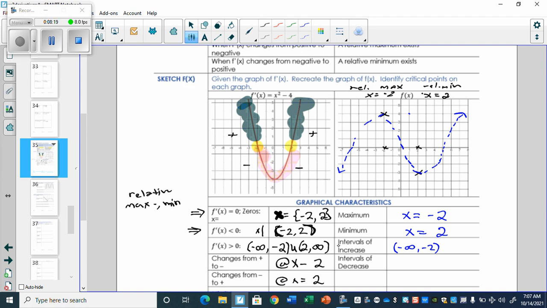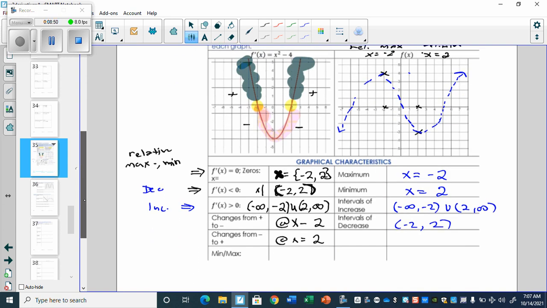How do I know that? It's because all of the y values for f prime of x are greater than 0. Union 2 to infinity. And if I look at my map here, this is exactly what I have. Intervals of decrease directly come from here. So this is my decreasing interval, this is my increasing interval. So it will be -2, 2.